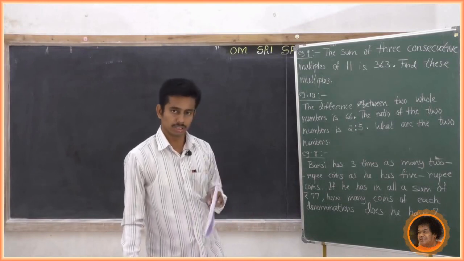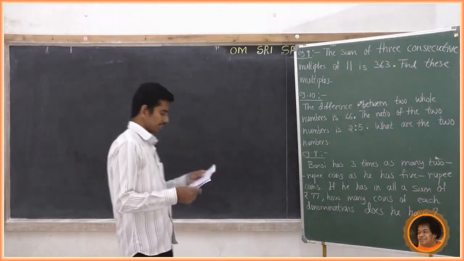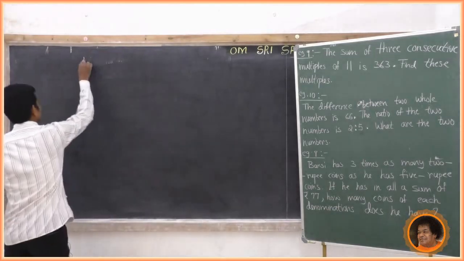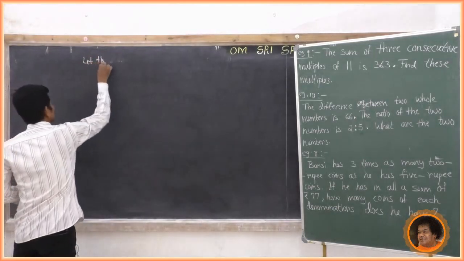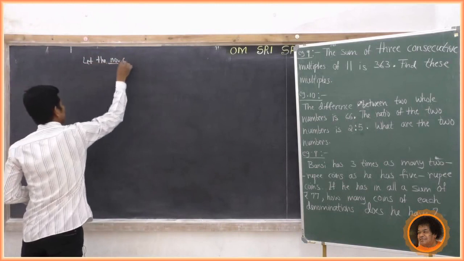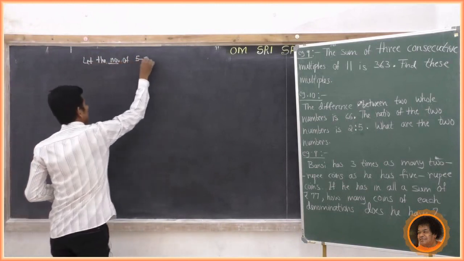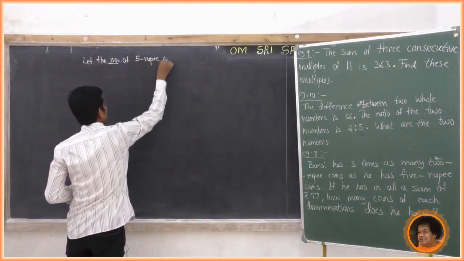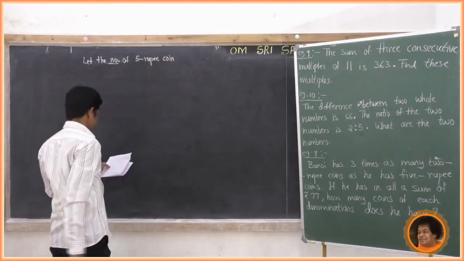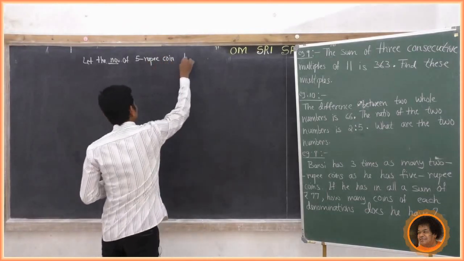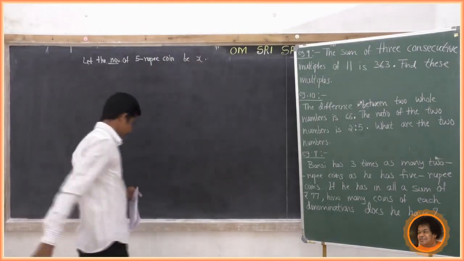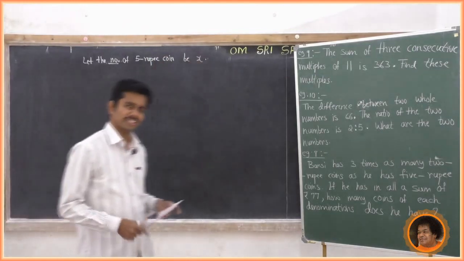It is not given. So what do we have to write? Let the number of 5 rupee coins Bansi has be x. You have to take it as x.